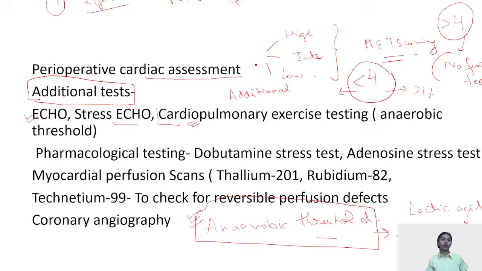The normal anaerobic threshold for us is 9 to 11 ml of oxygen consumption per kg per minute. Please remember this value.